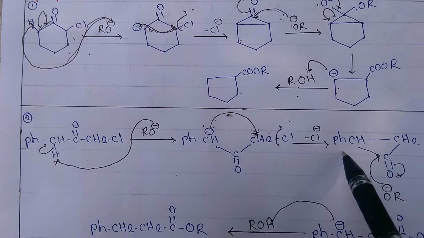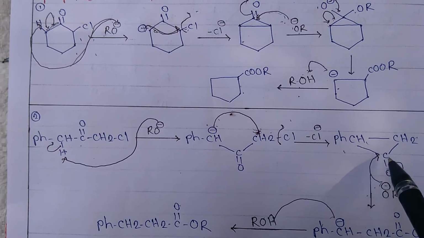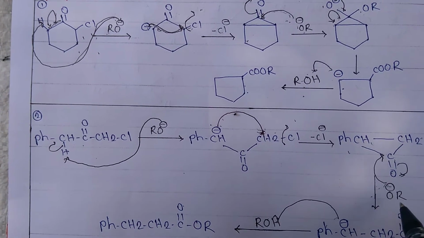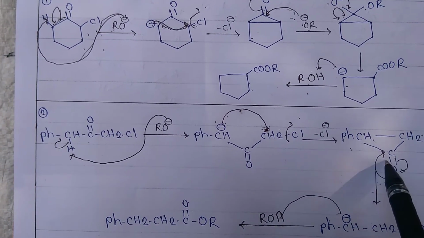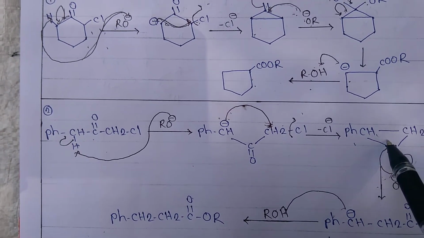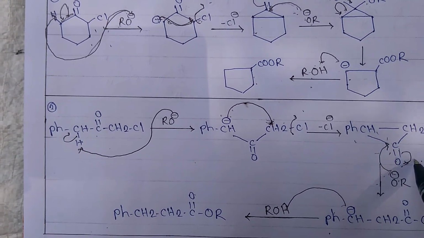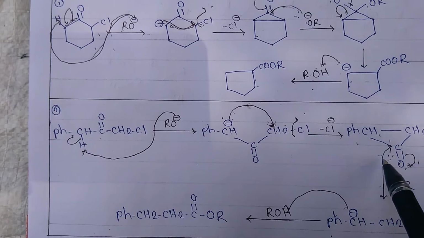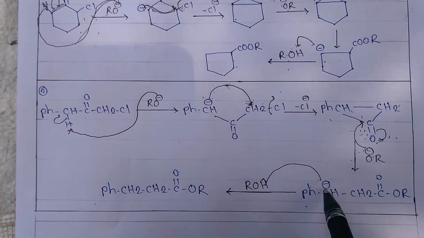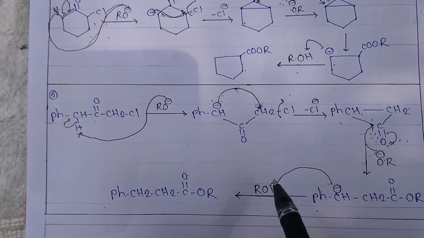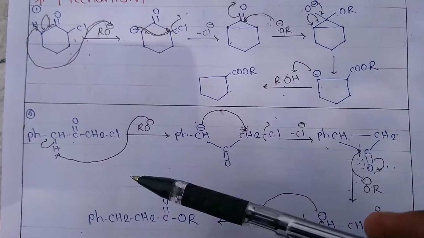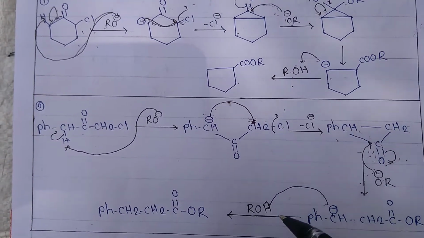Here PhCH2CO is formed, and another OR minus attacks the carbonyl carbon and the formation of CO minus OR takes place. Further, that O minus attacks the carbon and the formation of carbanion takes place. Here it is a carbanion. Further, that carbanion takes hydrogen. That means cyclic and acyclic, both mechanisms are the same.